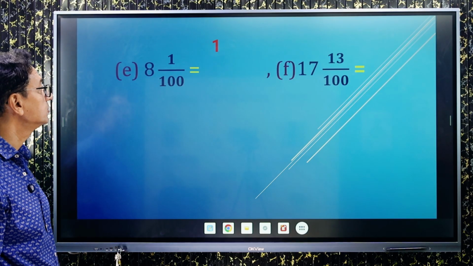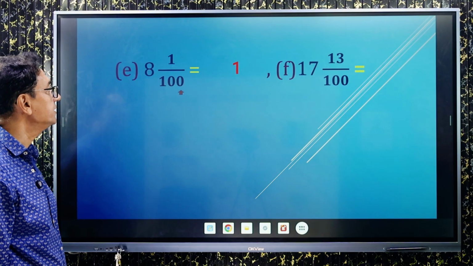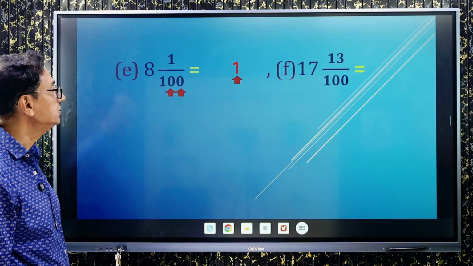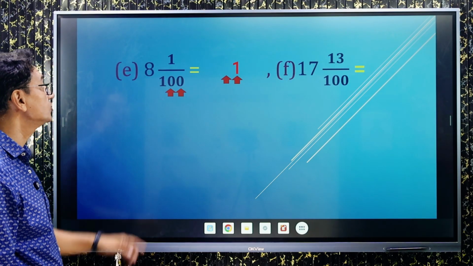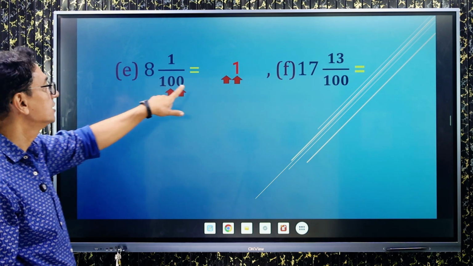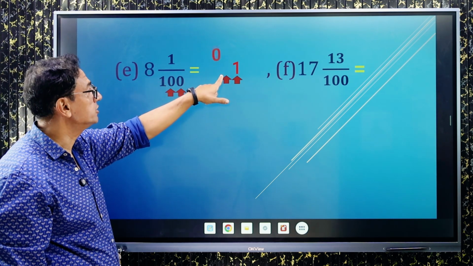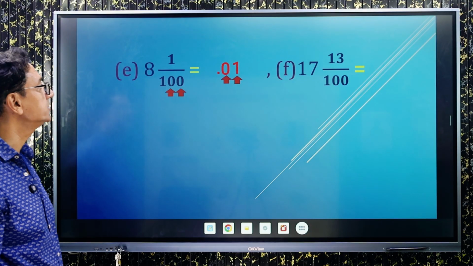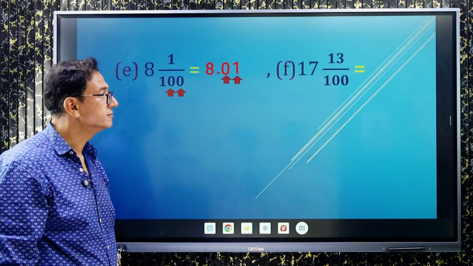First drop 1, and then we have 2 digits, count 2 digits, 1, 2, where is the second digit? It's not 8. 8 is not the second digit. We will write first 0 and then put point and write 8. Yes, this is right.